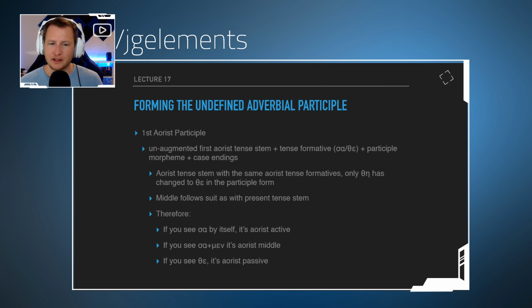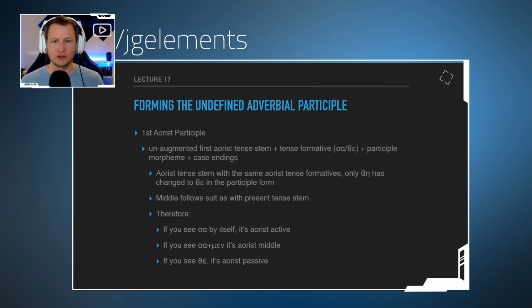Remember, the aorist tense stem with the same aorist tense formatives, only theta eta has changed to theta epsilon. It's the only difference. Remember that the middle follows suit as with the present tense stem. So it's not middle passive in this case. It's middle with active. So, knowing that information, if you see sigma alpha by itself, it's aorist active, okay?